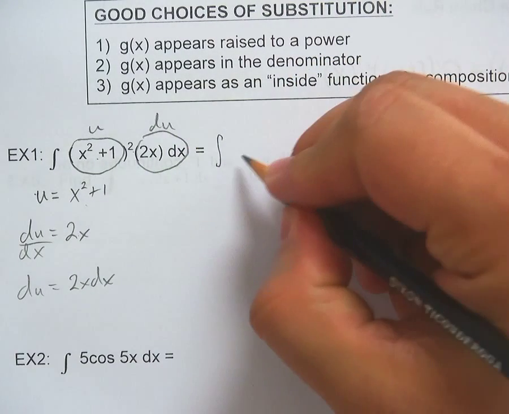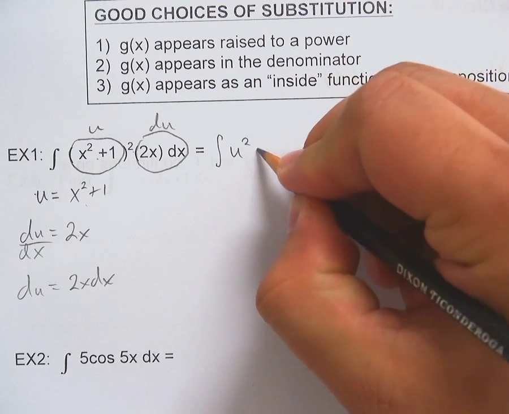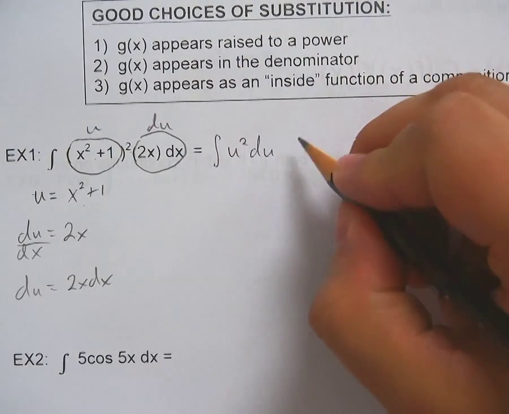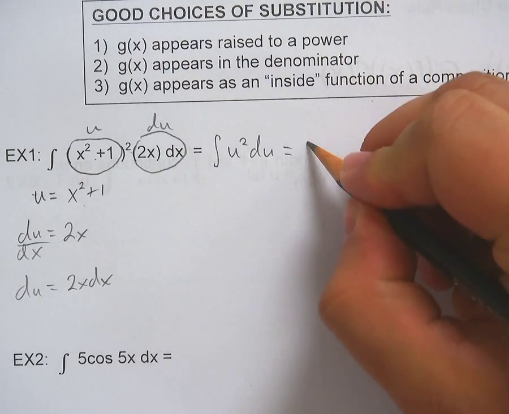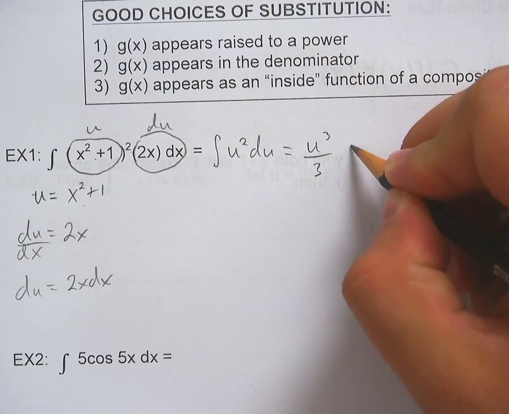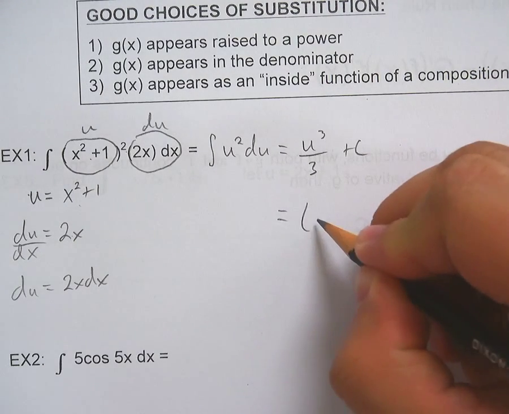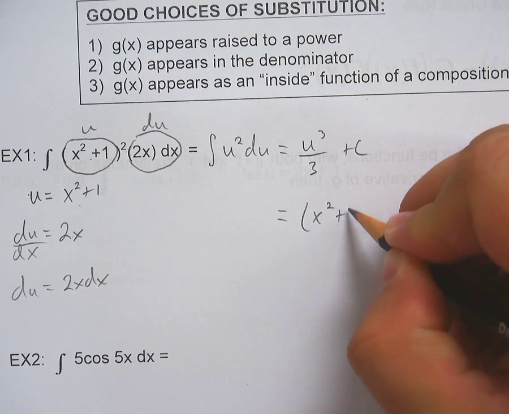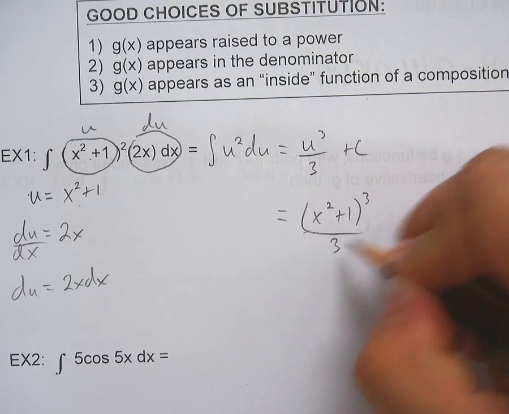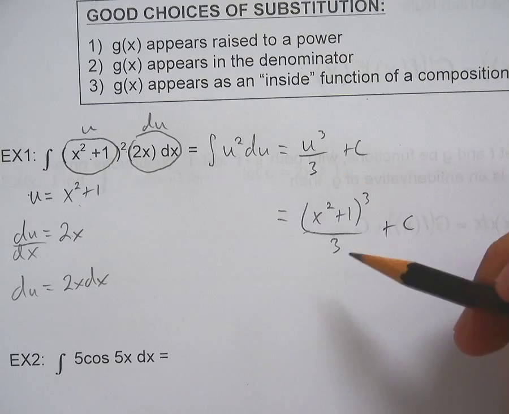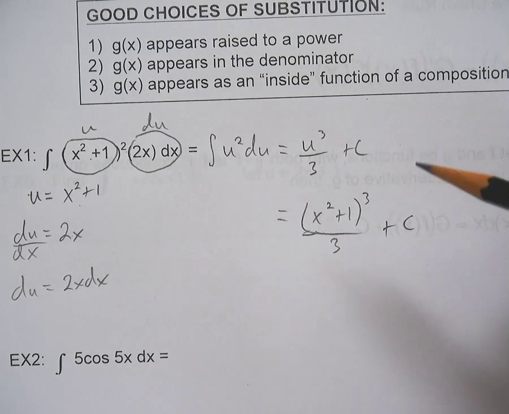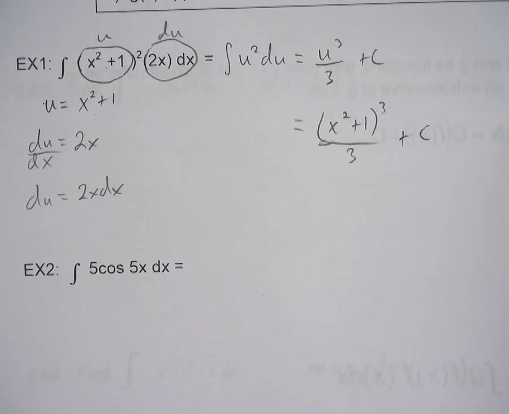So what I've got here then is u squared du. The integral of that is u cubed over 3 plus c, and then plug in u: (x squared plus 1) cubed over 3 plus c. Okay? None too shabby.